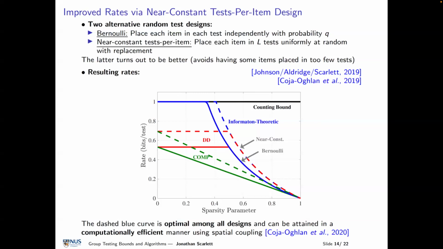So what is the gap between the solid blue and the dashed blue? That's the IID design versus the more structured design. Well, all of these increases are from, I forget exactly, this is log of 2, and this is 1 on e times log 2, so this is about 0.53, and this is about 0.7.